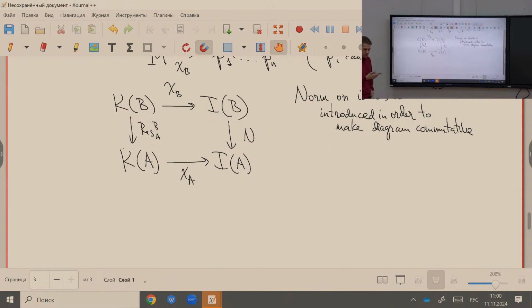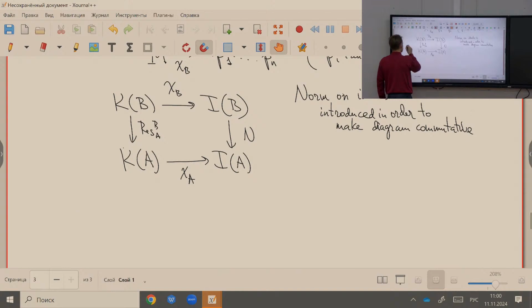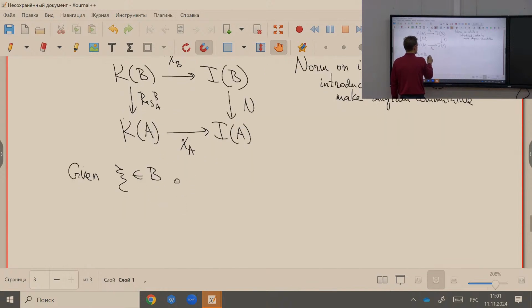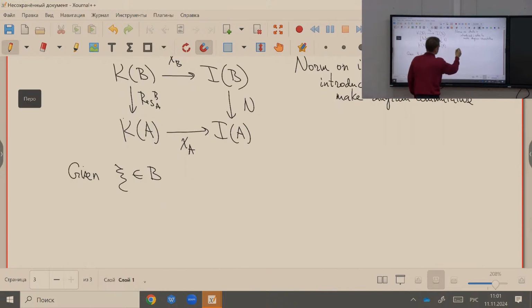If you have an element of B, given psi, the element of B, you can introduce this norm, which, as we said, is defined on beta in order to have it.